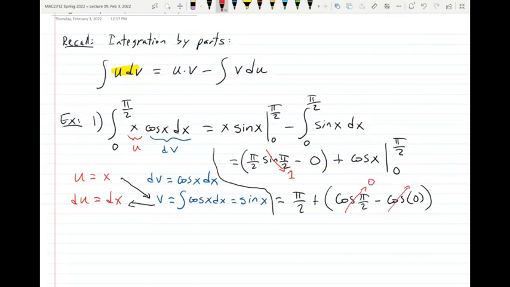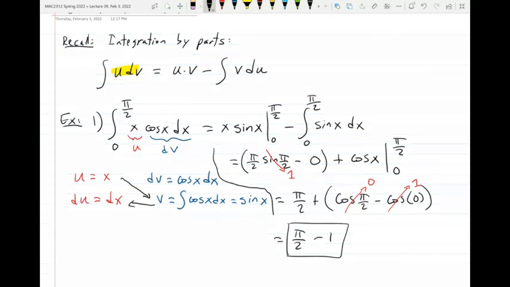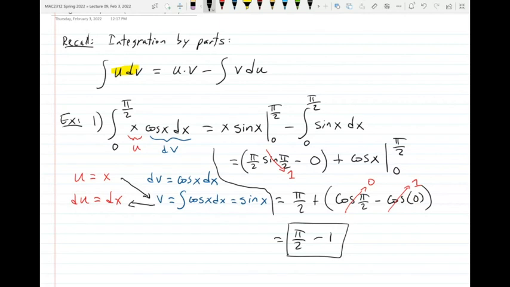What's cosine of 0? 1. Very good. So we get as an answer pi over 2 minus 1. Questions? Any questions?